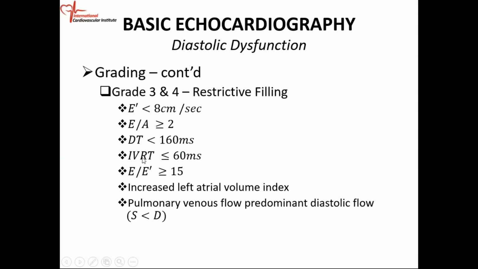And again, remember the surrogate for left atrial pressure, E/E prime ratio greater than 15, telling you that you have an increase in left atrial pressure. The left atrial volume is also going to be increased, left atrial volume index. So the number to remember is 34. When you do your left atrial volume index, you're going to get a value greater than 34 mLs per meter squared. And then your pulmonary vein flow, you get predominant diastolic flow.